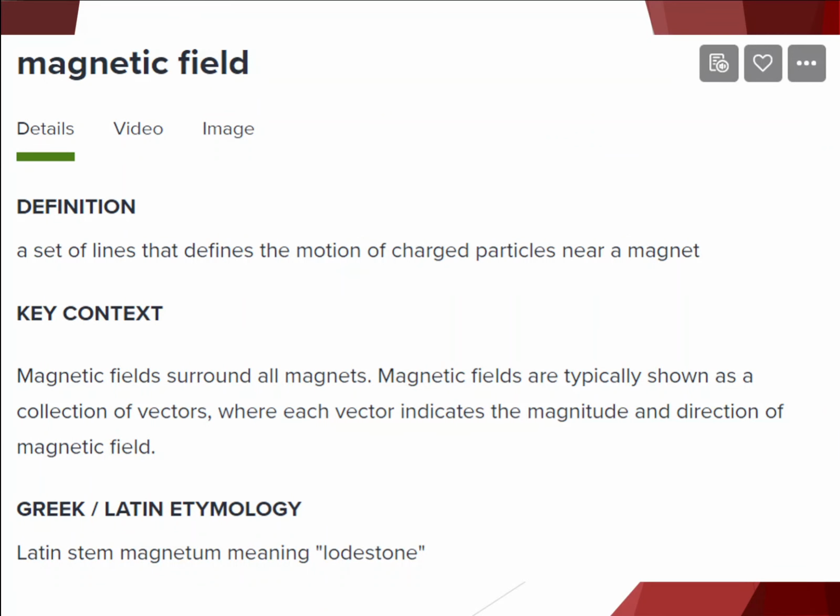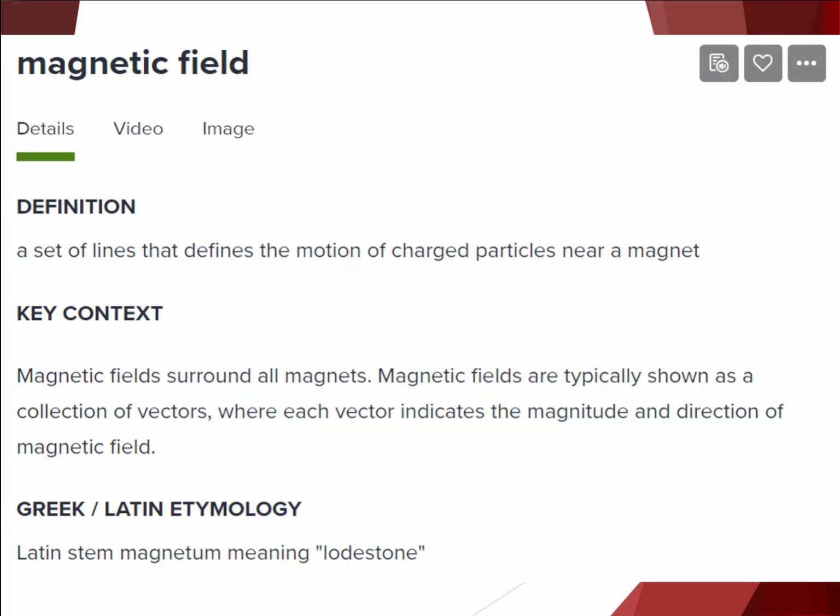Speaking of which, our next definition is magnetic field. Magnetic field is a set of lines that defines the motion of charged particles near a magnet. Now, why do we call these lines? Because magnetic fields surround all magnets. All magnets. And when we represent magnetic fields, we usually represent them as a collection of vector arrows.